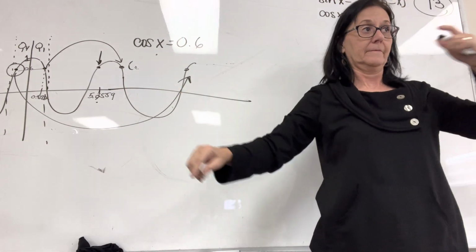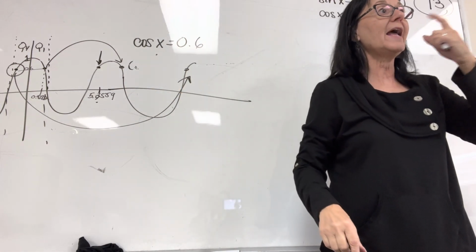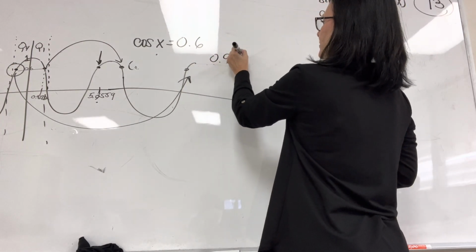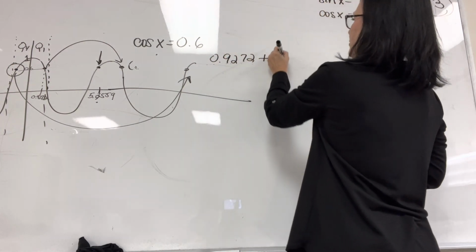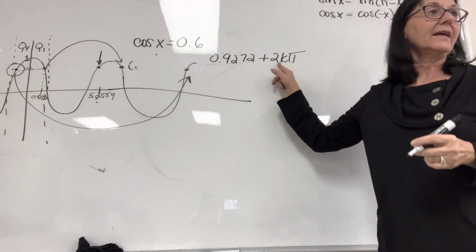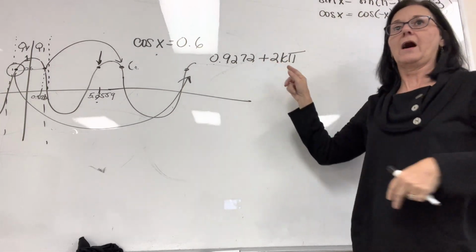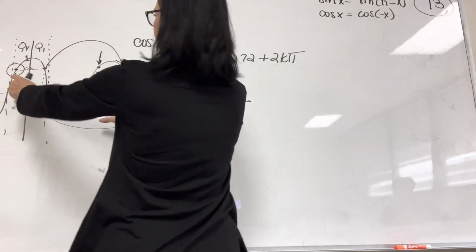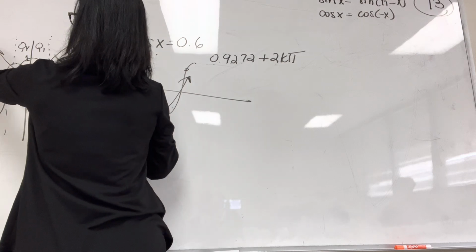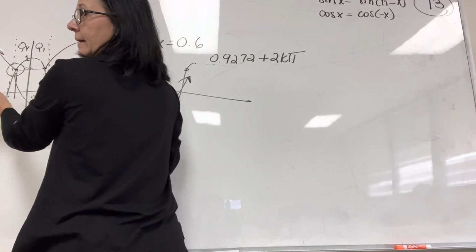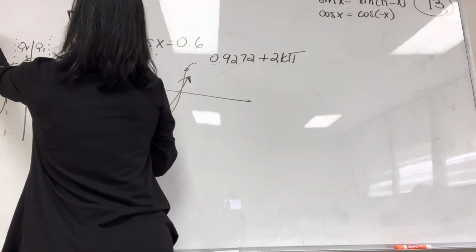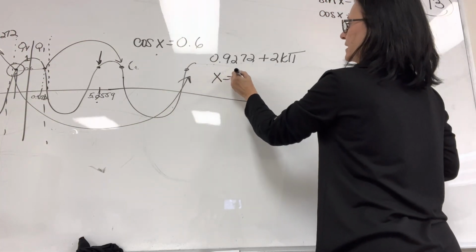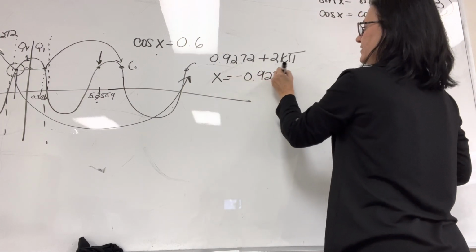So you're just doubling it every time? 2k pi, I'm changing k. So it was 0.9272 plus 2k pi. So I'm adding 2 pi, I'm adding 2 pi. How'd you get 5.3559? I took this one that was negative down here, x equals negative 0.9272.